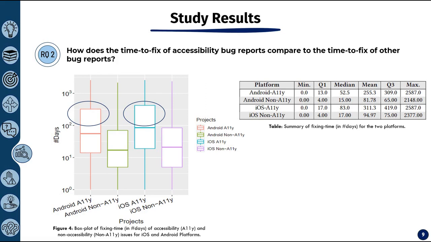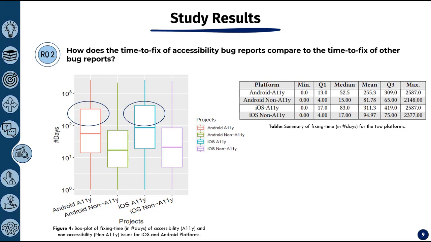In this research question, our objective is to identify the amount of time required to solve accessibility bug reports in comparison with other types of bug reports. In addition, we examine how developers classify and prioritize accessibility bug reports, to get some insight into whether developers recognize accessibility as an important feature.